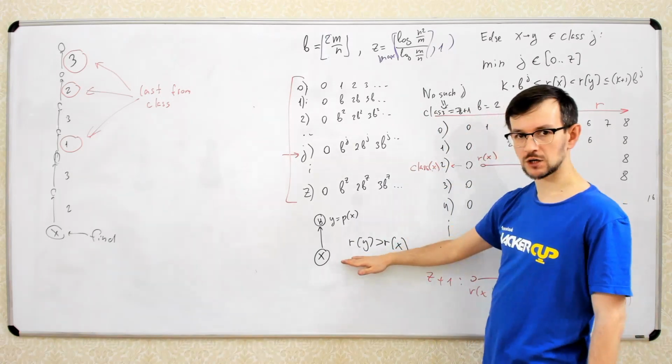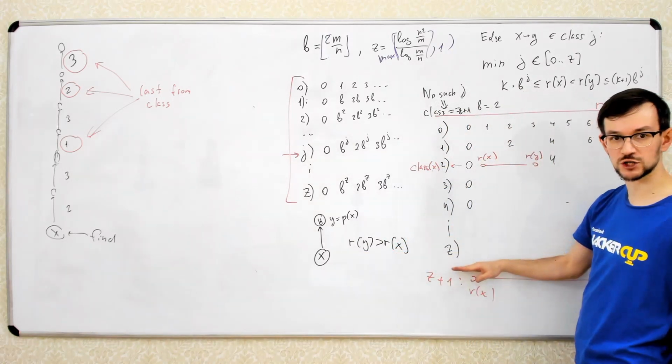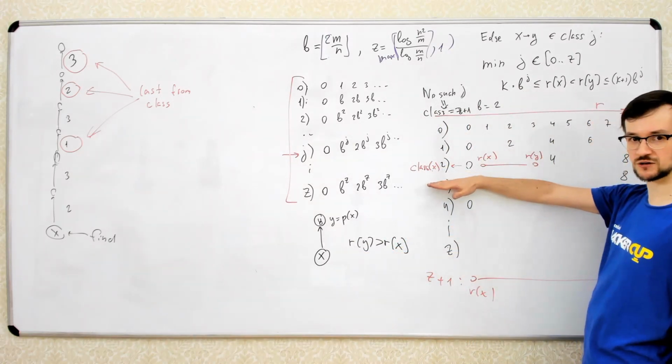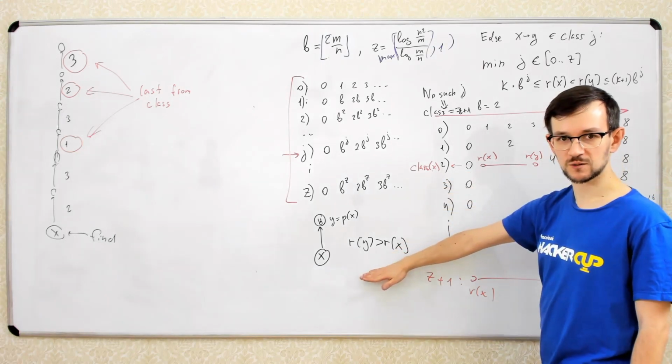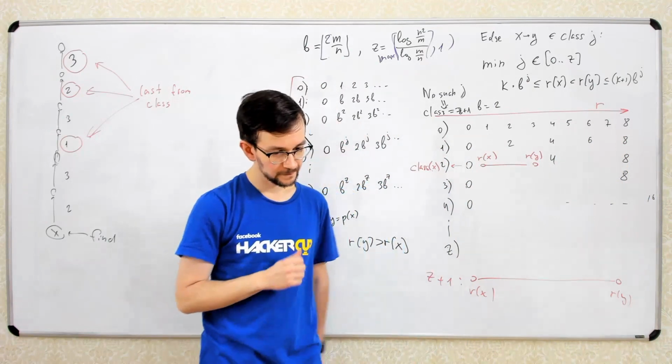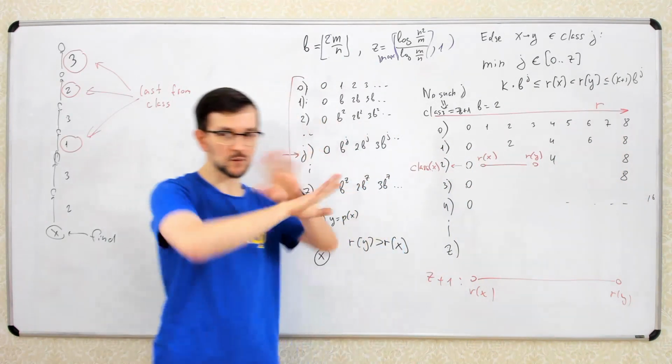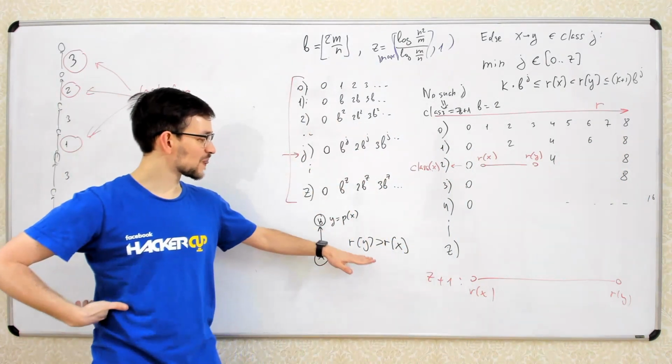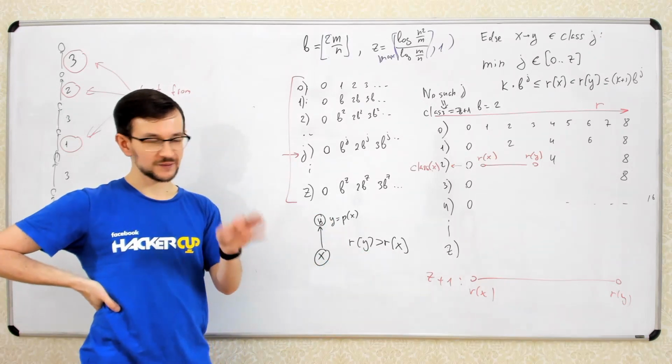Rank is never changing. Class may be changed. Again, let's go back. The rank of the vertex is fixed, right?